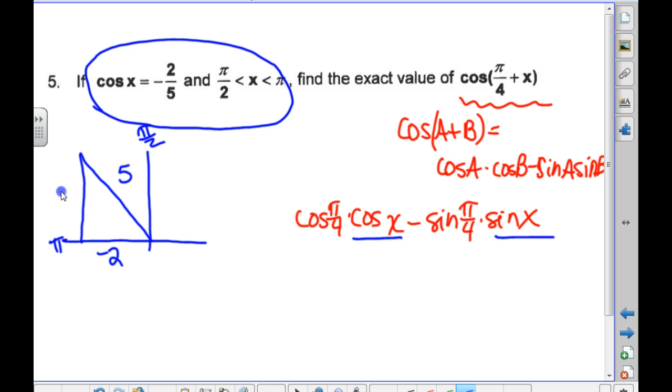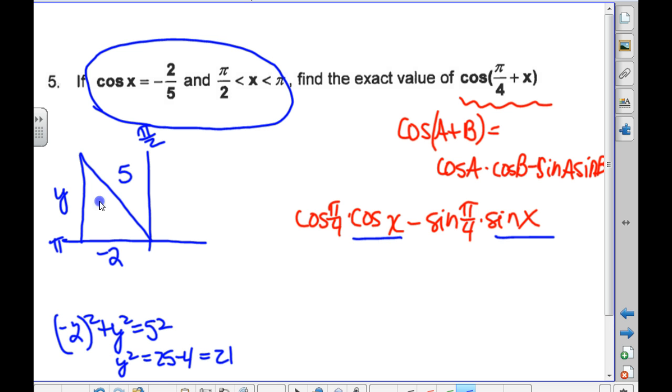The x would be negative and the y would be positive. If I'm finding that value and I do Pythagorean theorem, I get 25 minus 4 is 21. So this side is the square root of 21. And it's positive. In this quadrant, the y is going up. So for this picture, the sine of x is going to be opposite over hypotenuse, or square root of 21 over 5.